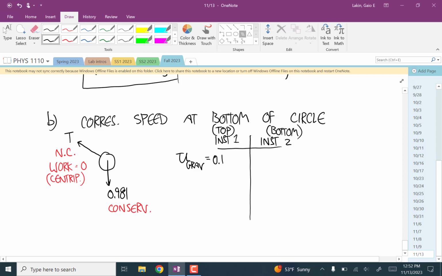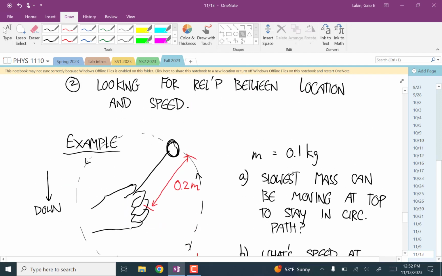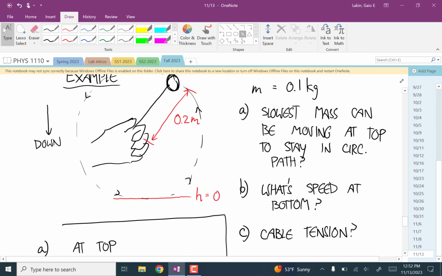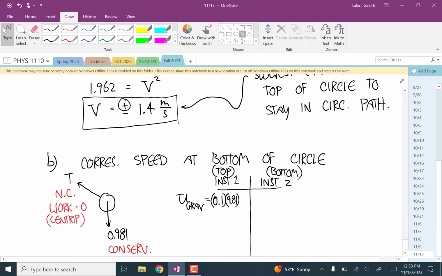The mass is 0.1 times 9.81. What's the height at the top of the circle? The radius of the circle is 0.2, so the diameter from the bottom to the top is 0.4, okay?